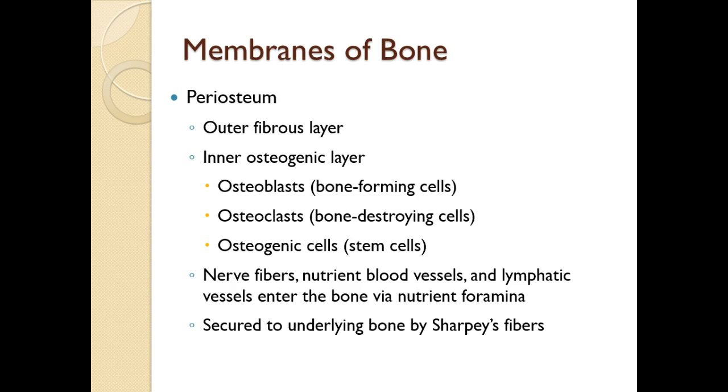Sort of like Genesis, creation. So the osteogenic, or inner part of the periosteum, is where you have the osteoblasts and osteoclasts, and also osteogenic cells. So that's where the cell growth occurs. Also within there you have nerve fibers, nutrient blood vessels, and lymphatic vessels.